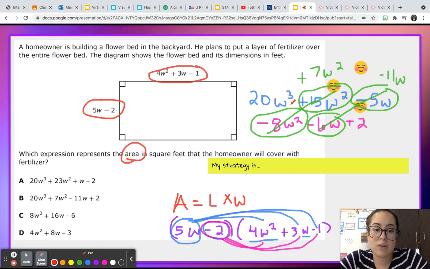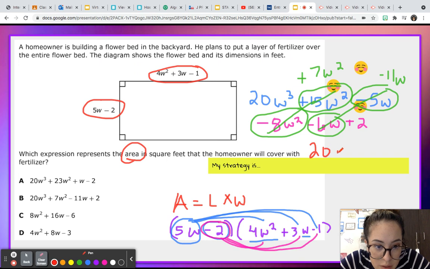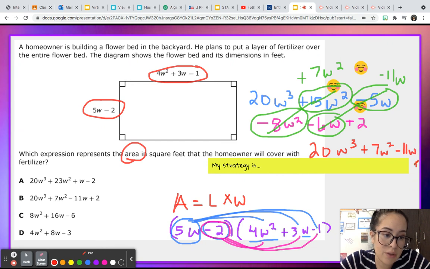This 20w cubed stays the same. I'm going to rewrite it as 20w raised to the third power plus 7w to the second power minus 11w plus 2.